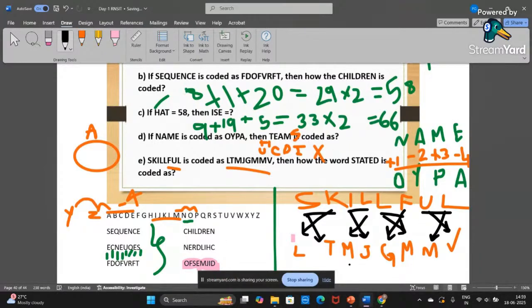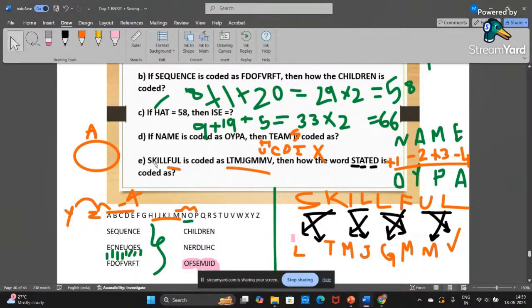This is the logic applied for the word SKILLFUL. Now we have decoded the logic. This logic needs to be applied for the given word. Pair two letters and then write the next letter with the positions interchanged. That's how you'll get the answer.